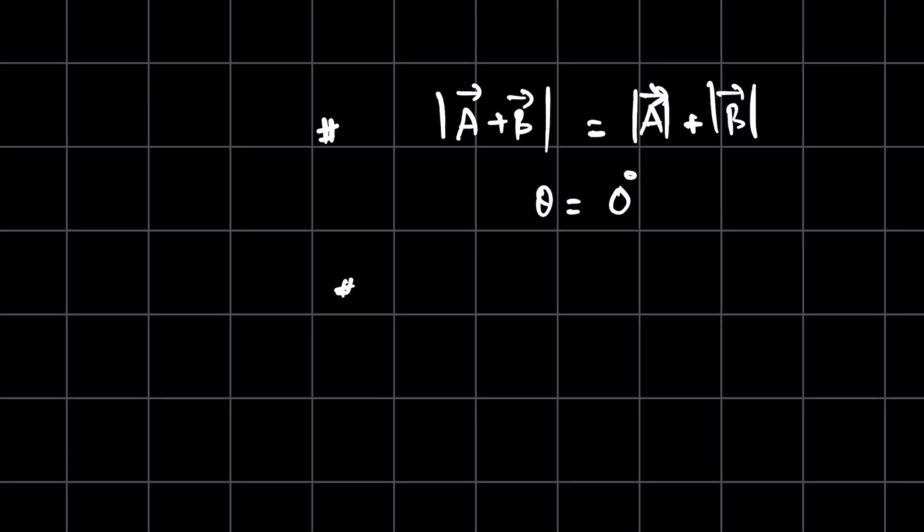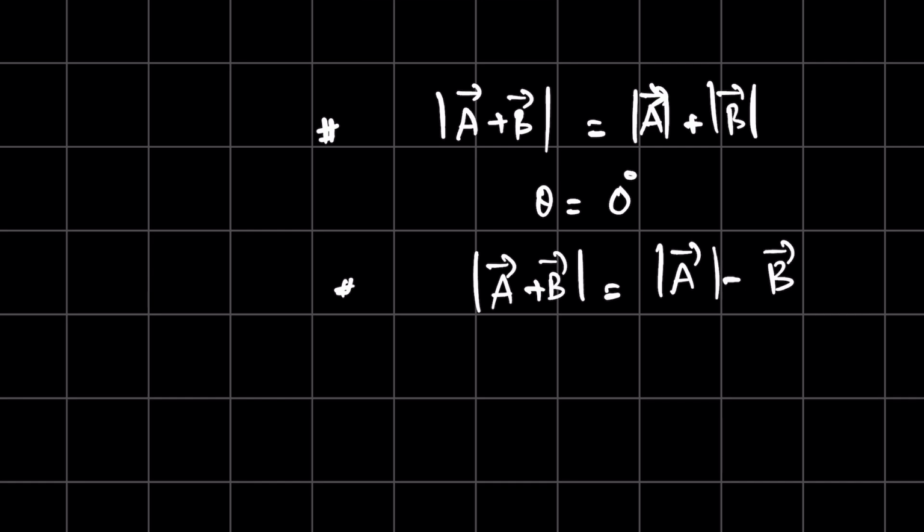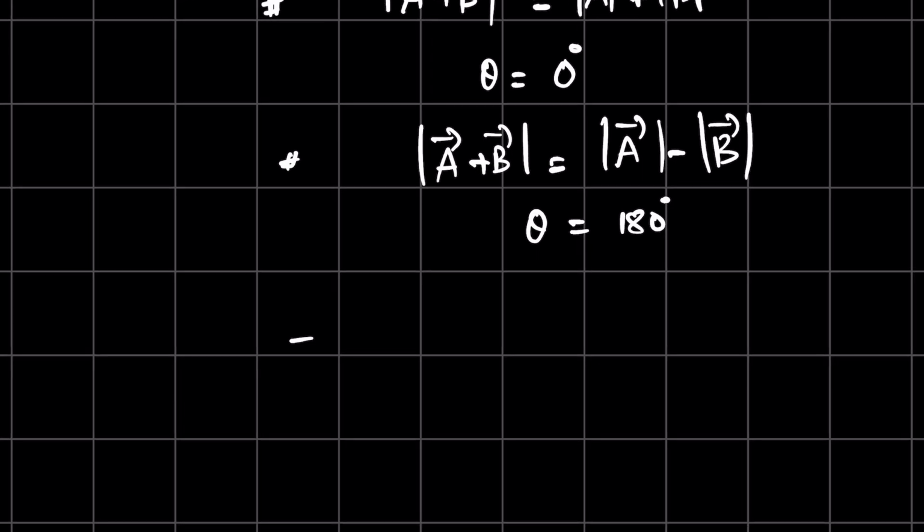In the second point, the sum of two vectors has a magnitude equal to the difference of the individual vectors, for example 5 minus 2 is 3. If the sum of two vectors is equal to the difference of the individual vectors' magnitudes, then they are opposite, so it is 180 degrees. If not clear, go back and watch the video, and if you still don't understand, comment here.